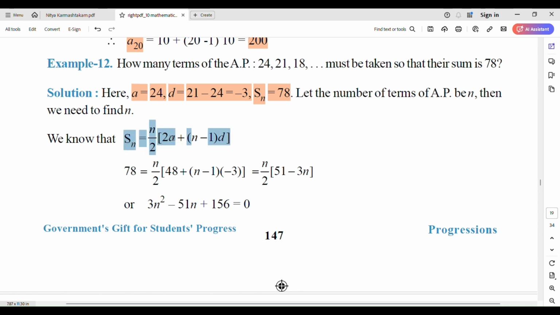I'll substitute into the standard equation for the sum of n arithmetic terms. So 78 equal to n by 2 into 51 minus 3n, or I will get a quadratic equation, 3n square minus 51n plus 156 equal to 0.